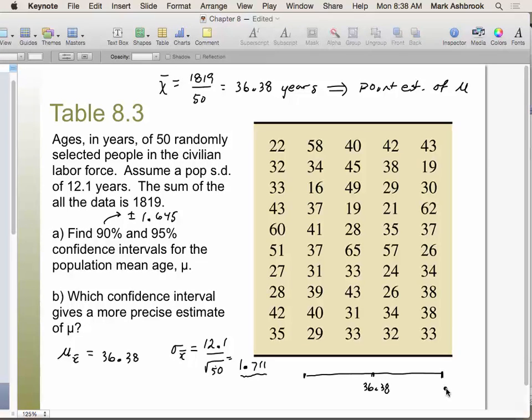What is it? 39.19? Did somebody else get that? Everyone should be able to get that number. Make sure you understand what's going on. And then we're going to go down that same amount. 33.57.